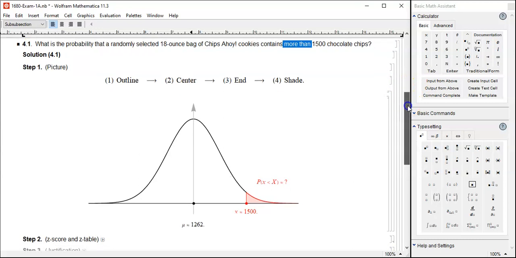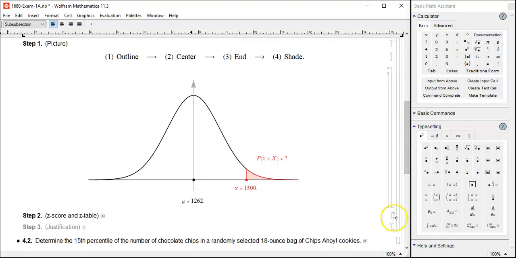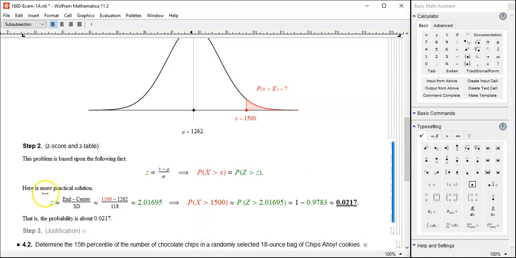Okay, let's begin. The computation follows from this important formula: z equals end minus center over SD. Later we're going to change it into end minus center over SE, for standard error, but before the first exam, let's begin with SD.